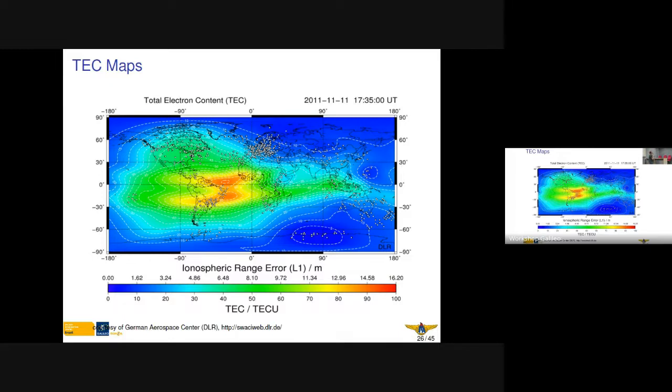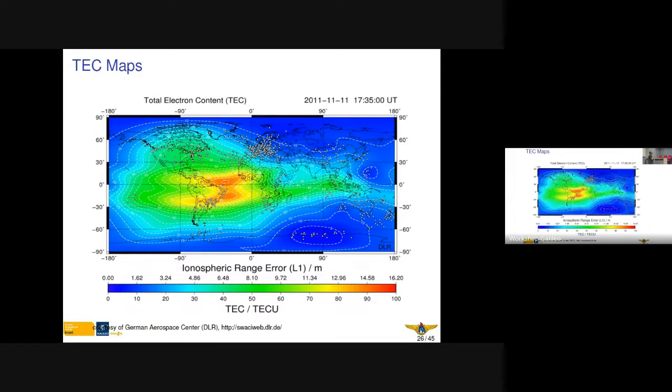The small white dots in the map are the receivers that are used to calculate the TEC map. So we have all these observables from these receivers. We can also see we have a lot of receivers in Brazil that are used to calculate this. Then based on some physics-based models, you can derive this global map of the TEC.